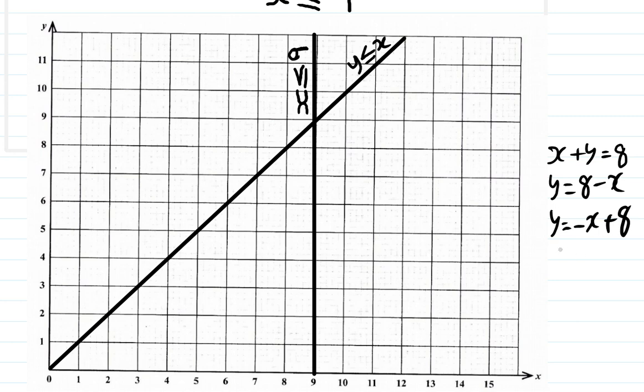Now, to see what the line looks like, suppose we choose 2 points. Could use 3 points just to make sure. What happens when x equals 0? When x is 0, y would be equal to 8, because it's negative 0 plus 8, which is 0 plus 8, which is 8. So, x equals 0, y equals 8.